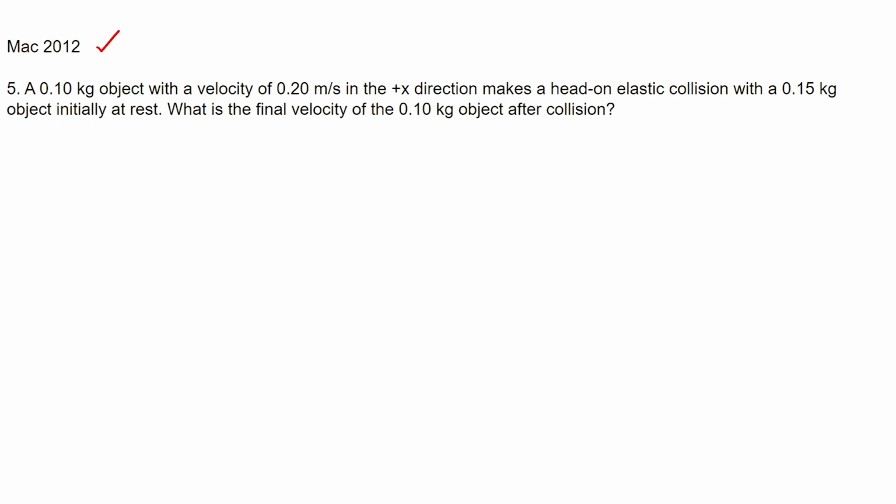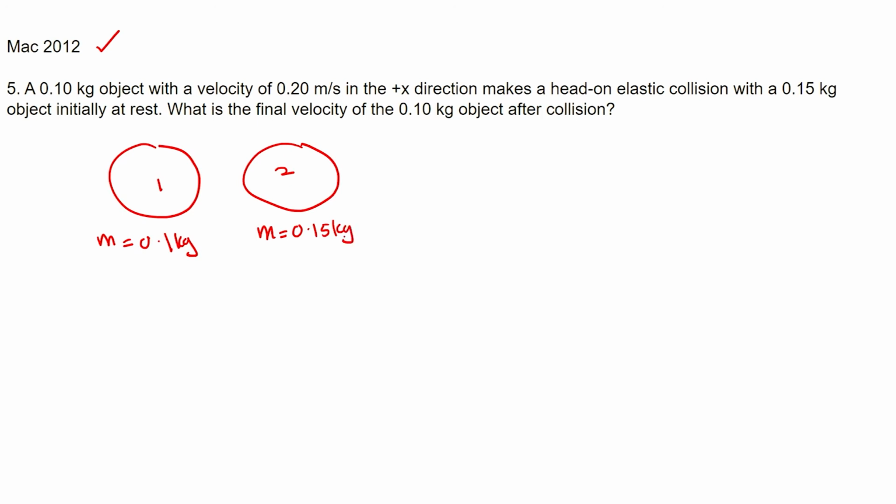After reading the question, you have to understand it and take out the information. It has two objects, let's say object 1 and object 2. Object 1 has mass 0.1 kg and object 2 has mass 0.15 kg.